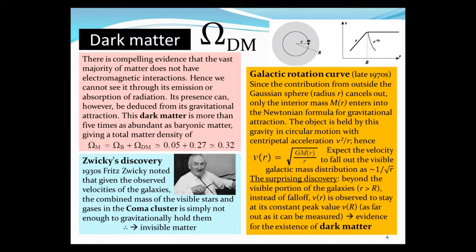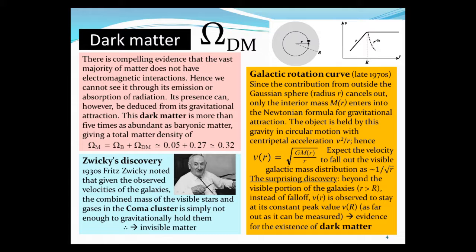If you consider, say, a galaxy, let's say spherical, it could be ellipsoidal, but anyway, a spherical galaxy, and you talk about the effect of the gravitational attraction on a mass m. Okay, now assume spherical symmetry, so you can draw a Gaussian surface from the center of the distribution.